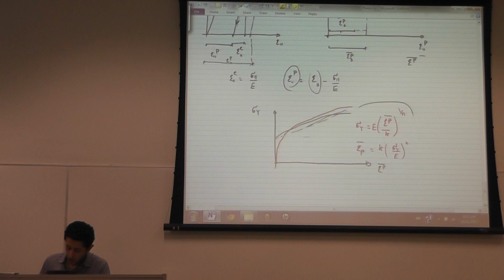But it will be easier to try to fit this rather than trying to fit this. So fit the data that you have to this relationship, and do not include the initial point, because the initial point will cause issues. Okay?